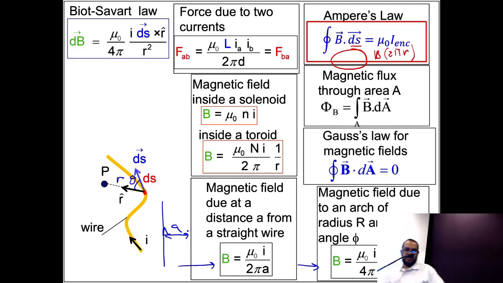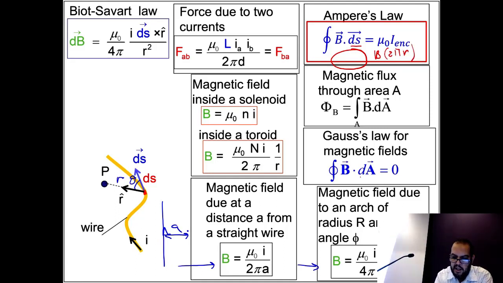But if you're doing dA, let's assume this is a sphere. Now it's the area of the sphere, so this becomes B times the area of the sphere, which is 4 pi r squared. So one is area, and the other one is length element. Clear?